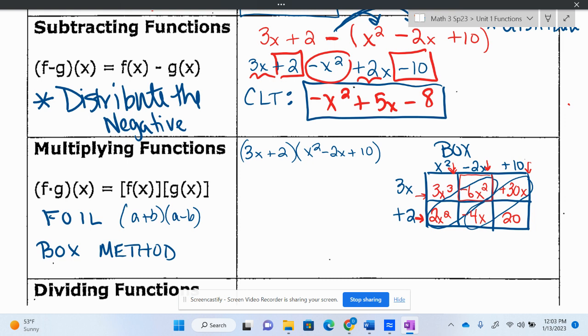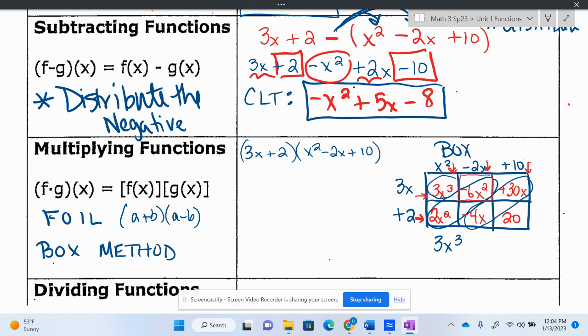The two outer ones, the ones in the corner, usually aren't. So my first term, my leading term, the largest degree monomial, is positive 3x cubed. And then I'm going to combine my negative 6x squared with my positive 2x squared.